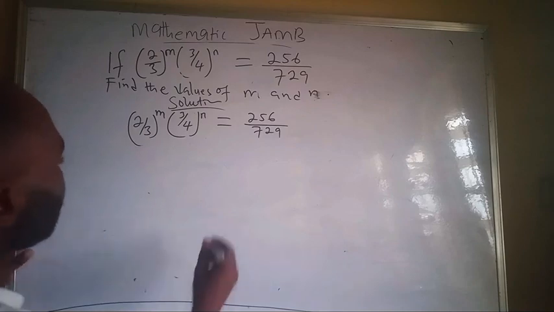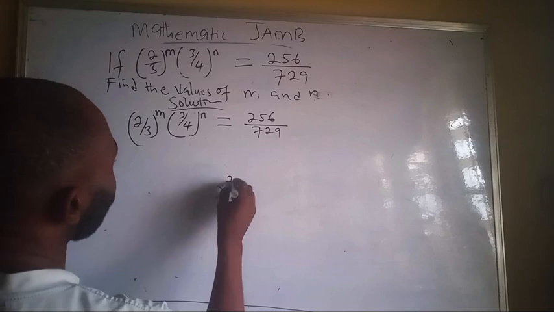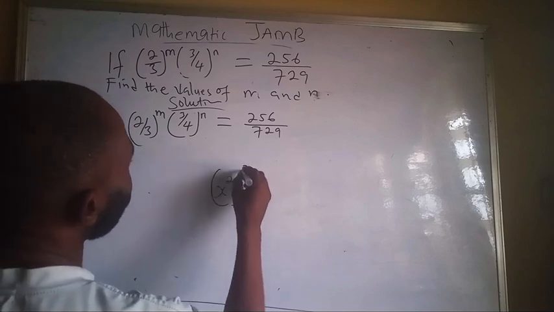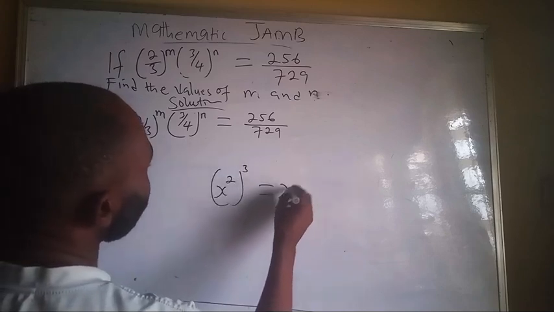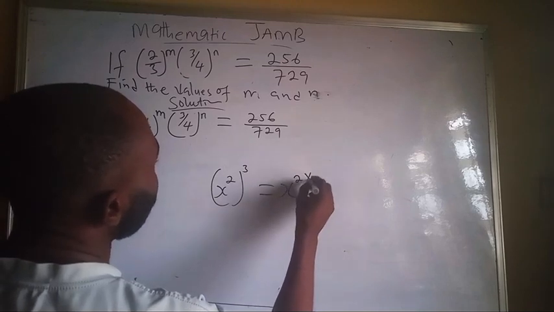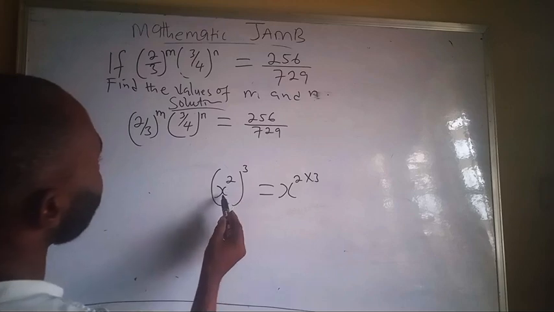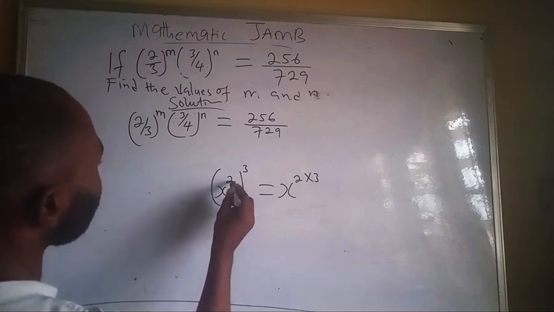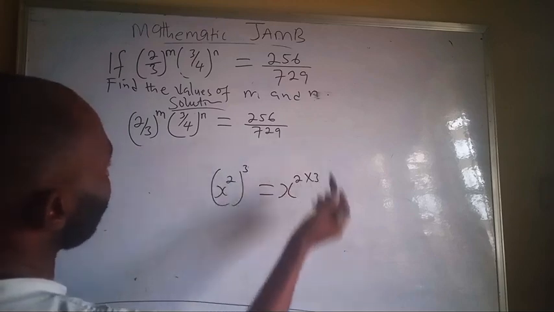So guys, here you're going to apply the power law in indices, which states that if x^2 is still raised to the power of 3, this is the same thing as x^(2 times 3). That is, when a number raised to a power is still raised to another power, the powers multiply.